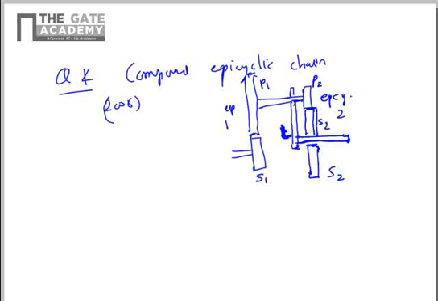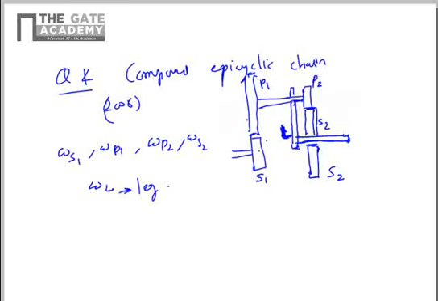So two epicyclic chains are joined together by a common leg. This is a specialty in this problem. It is provided that the angular velocities of the gears, you can take some convention, are omega s1, omega p1, omega p2, omega s2, and omega l, with L being the carrier, the leg.